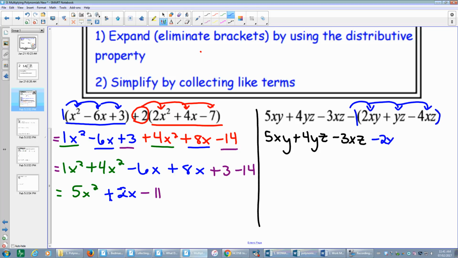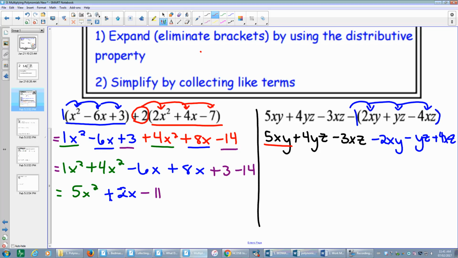Minus 2xy minus yz plus 4xz. Okay, so you'll notice that when it's a negative outside of the bracket, a negative 1, it just changes the sign on the inside.